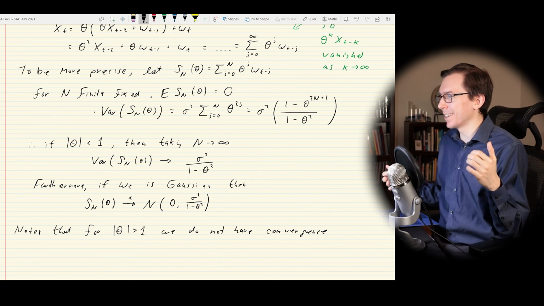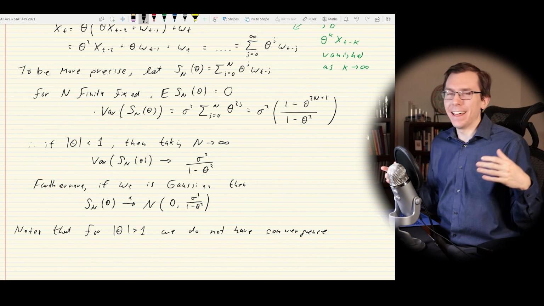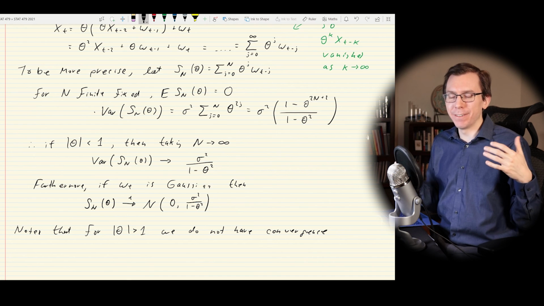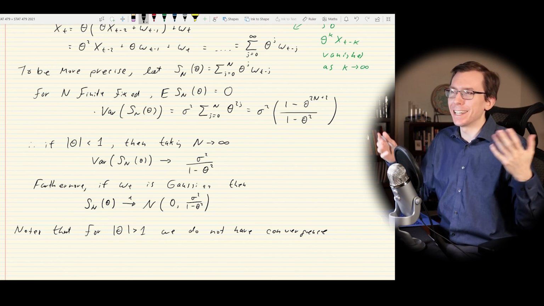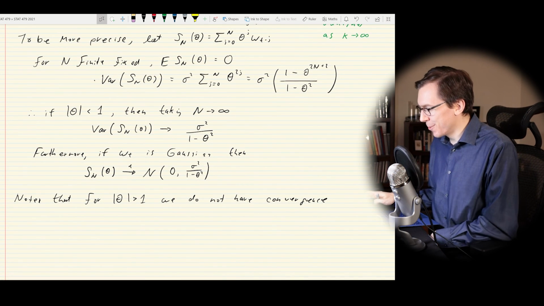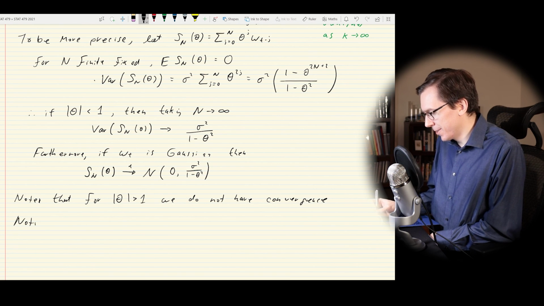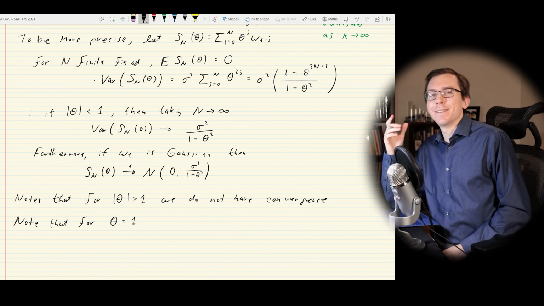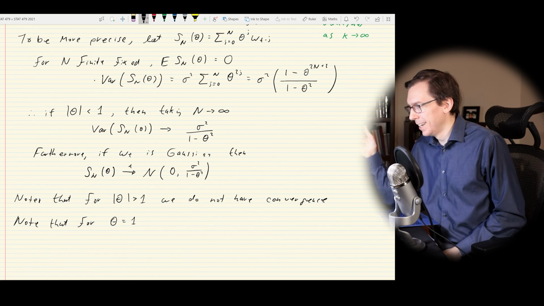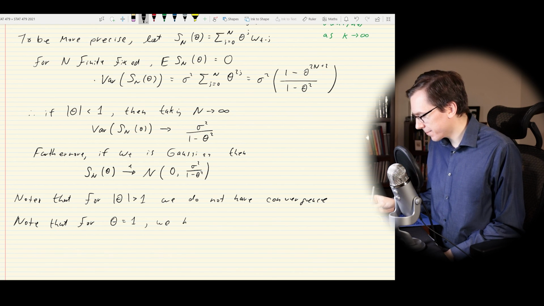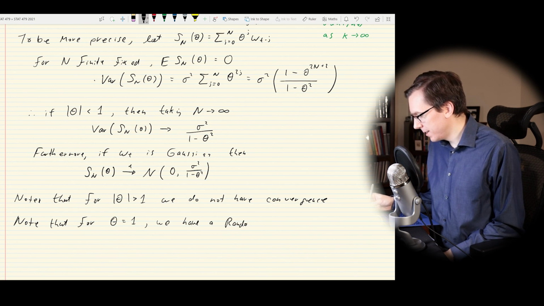If theta is greater than 1 in magnitude, then this thing will not converge. The variance will be infinite in some sense, which is not good. So we don't want that. And also note that for theta equal to 1, now what we have is this random walk setting. We have a random walk.